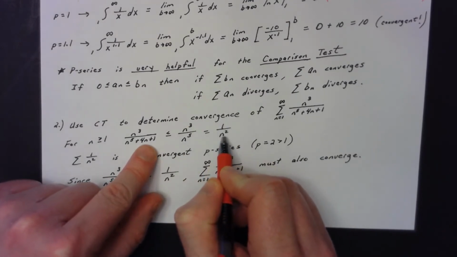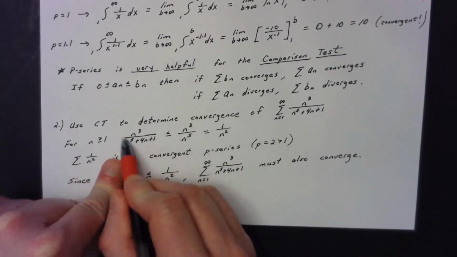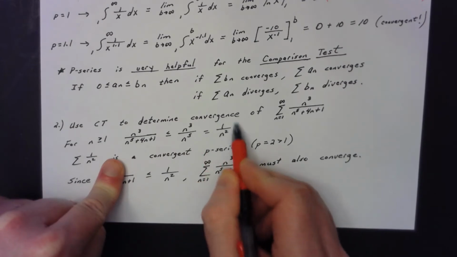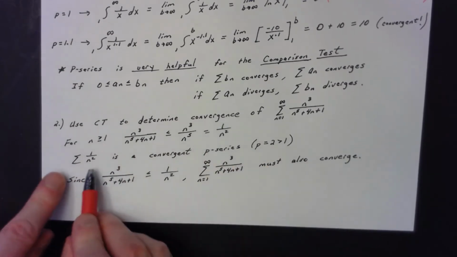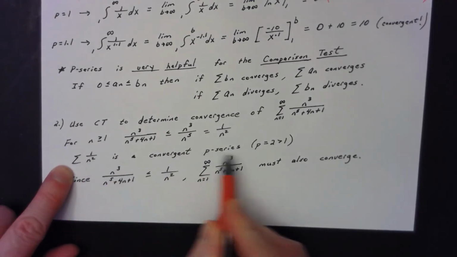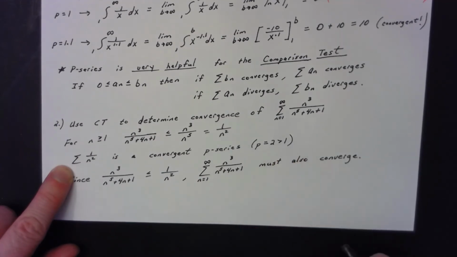So this is conclusive evidence. Yes, the general term of the series that I'm trying to work with is less than the general term of a p-series with p equals 2. That's what I'm trying to explain right here. The summation of 1 over n squared is a convergent p-series with p equal to 2, and I always put why I know it converges there.